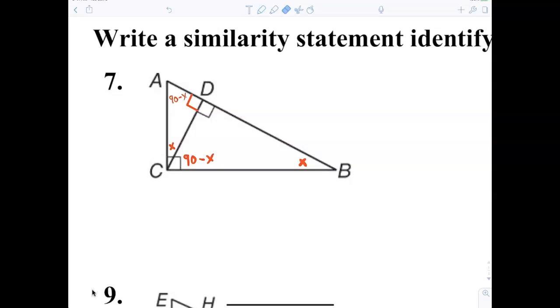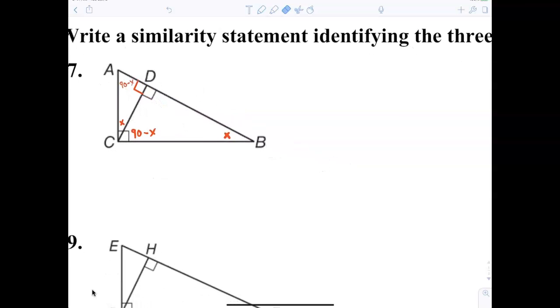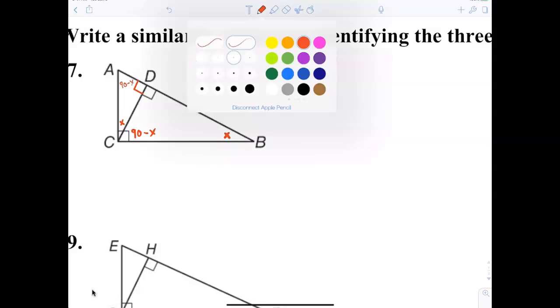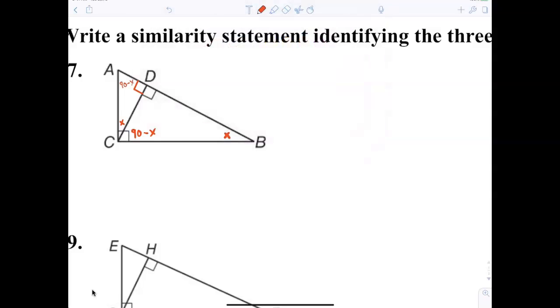Now, I want you to write this. We're going to write the similarity statement. The similarity statement is just relating all 3 similar triangles. So first, I want to start with the really big triangle, and that's triangle ABC is similar to triangle... Now we're going to do the medium one.